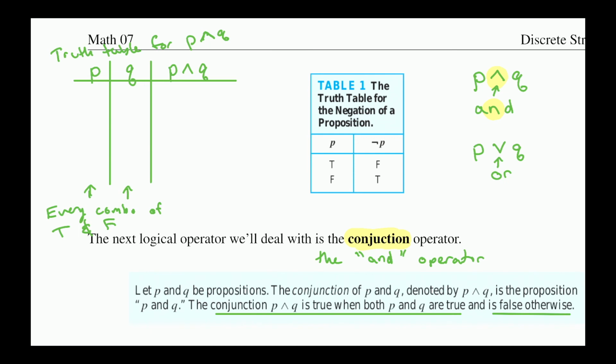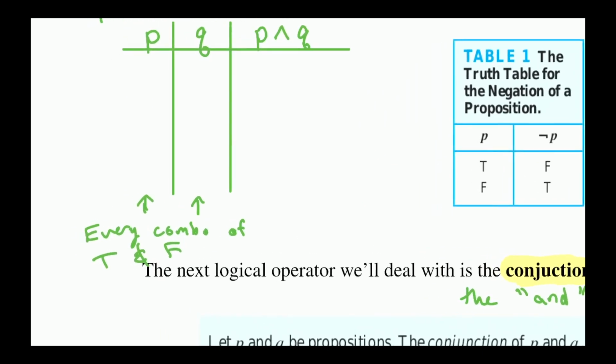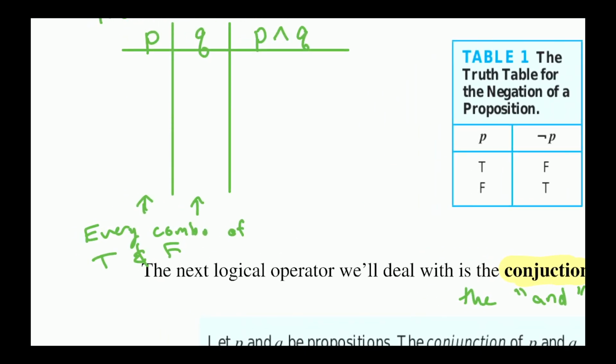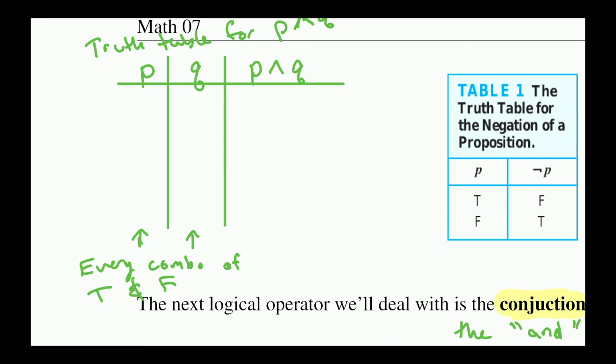So what you do, and you need to do it this way, and I believe this is actually the opposite of what some computer science instructors do, but what I'm going to do matches what the book does and matches mostly what you'll see if you look stuff up online. So in order to get every combination of true and false, if you have one proposition, that actually means there's going to be two rows in your truth table, right?